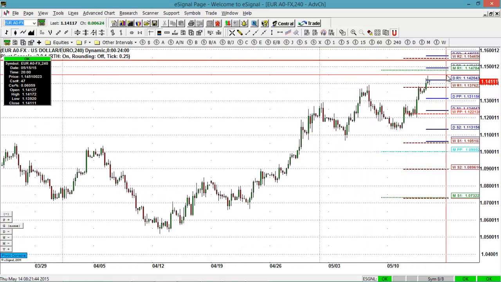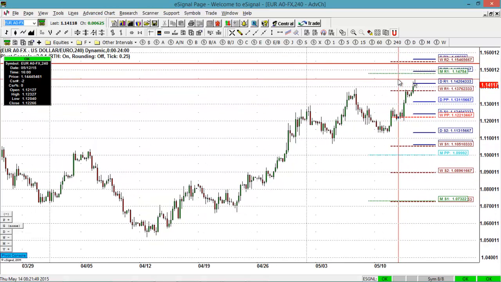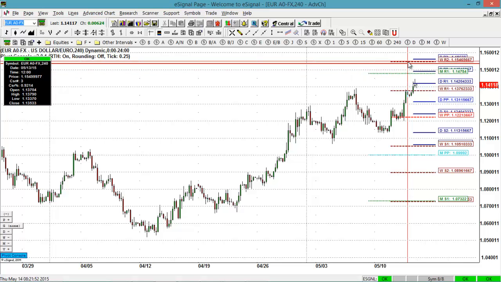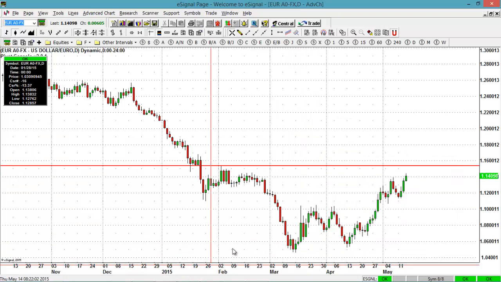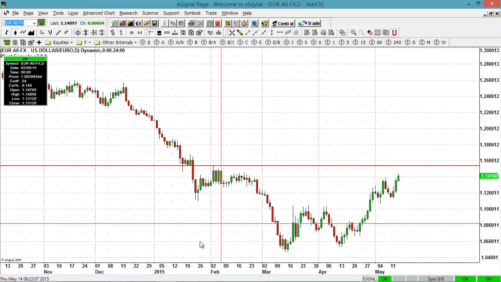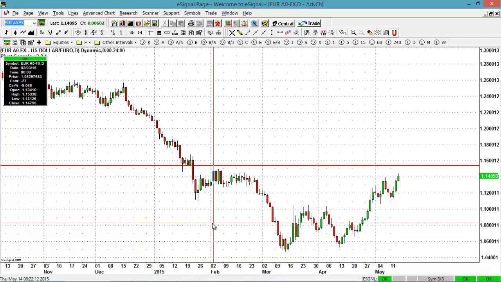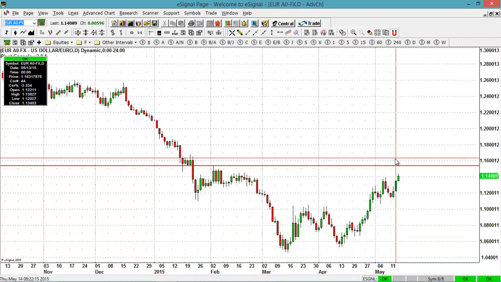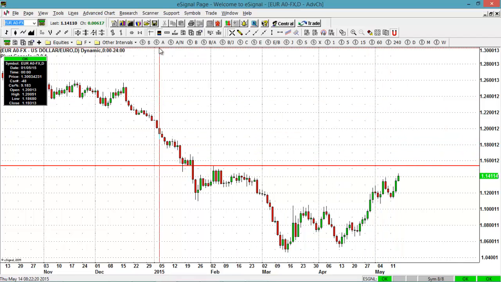Looking at the monthly pivot point numbers, we have monthly resistance near the 115 area, and also weekly resistance up at 115.46, plus the swing high resistance that you can see on the chart. So there's a lot of headwind coming in for the euro in the days to come. That's why I say if we're able to close above this level, and you see we close above 116, that will be fairly bullish for the euro.